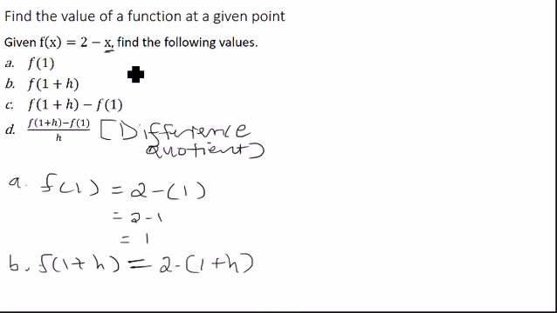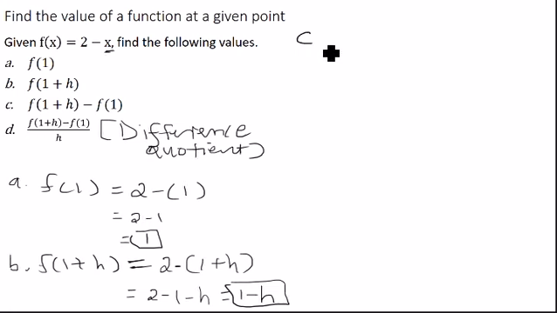It's so important that you use the parentheses every time you replace the x by its value. So now you can simplify this. It's going to be 2 minus, so you multiply the minus sign inside, and it's going to be 1, and then minus and plus is a minus, and then h, and that's going to be 1 minus h as our answer. So we have 1 here as our answer, we have 1 minus h as our answer.